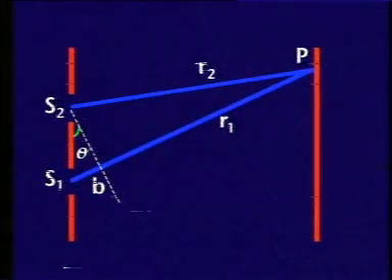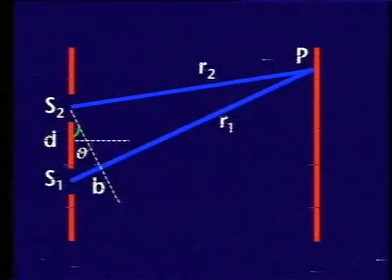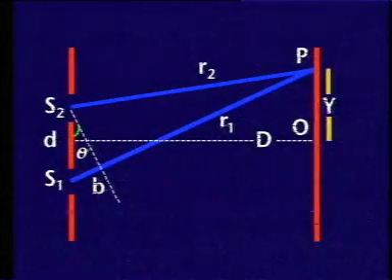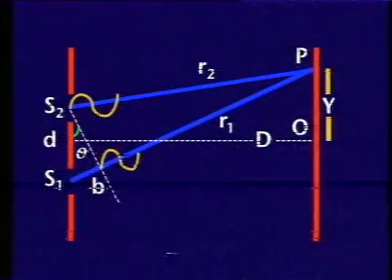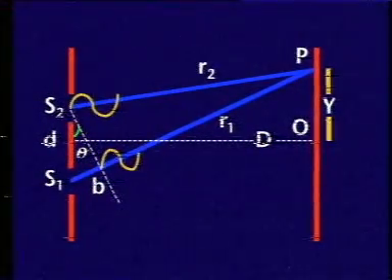Angle S1S2B is theta. d is the distance between slits S1 and S2, called the slit spacing. D is the distance between the center of the two slits and the center of the screen. A convex lens is used to focus the light rays from S1 and S2 at point P.